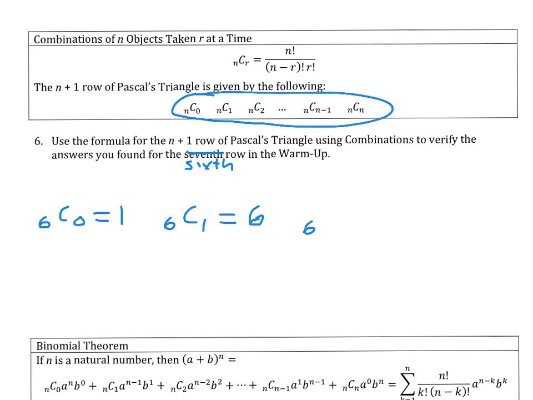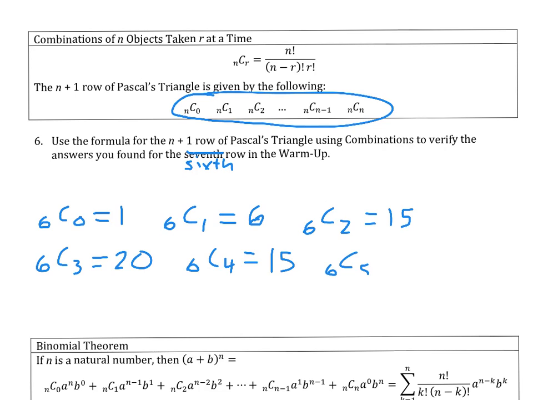Let's find 6C2. 6C2 is 15. 6C3, that was 20. 6C4 is the same as 6C2, which is 15. 6C5 is the same as 6C1, which is 6.